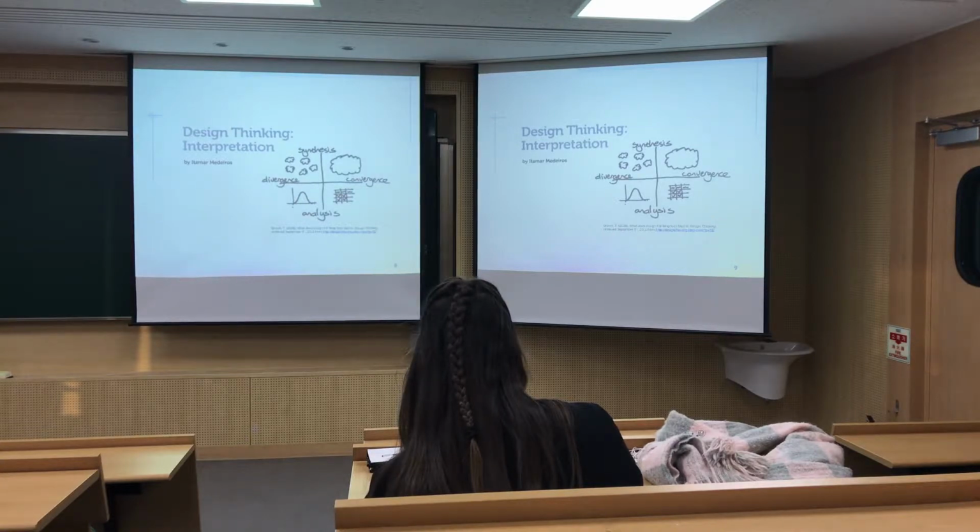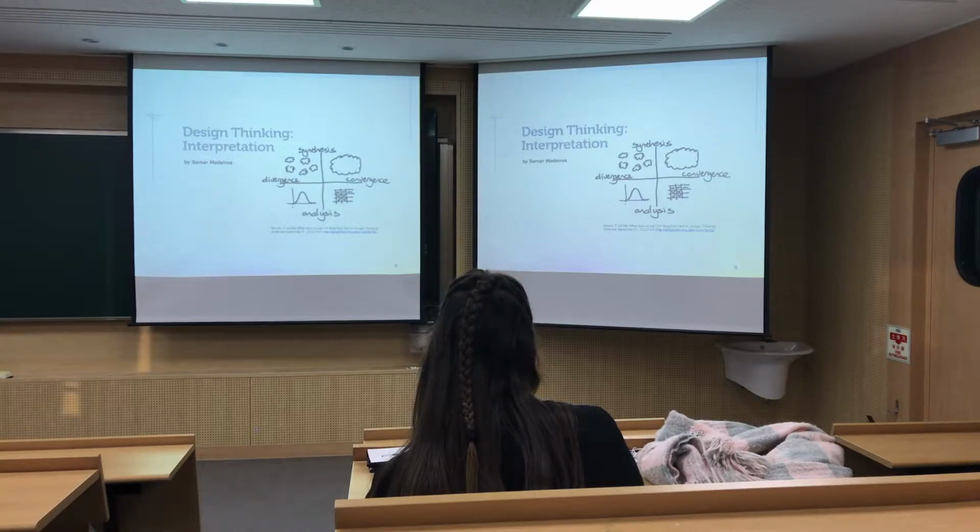We covered this one already. Right? I just remind you. So divergence and convergence, and synthesis and analysis. They are related with each other. This one is very similar, analysis and evaluation, but specifically they are saying market analysis here.